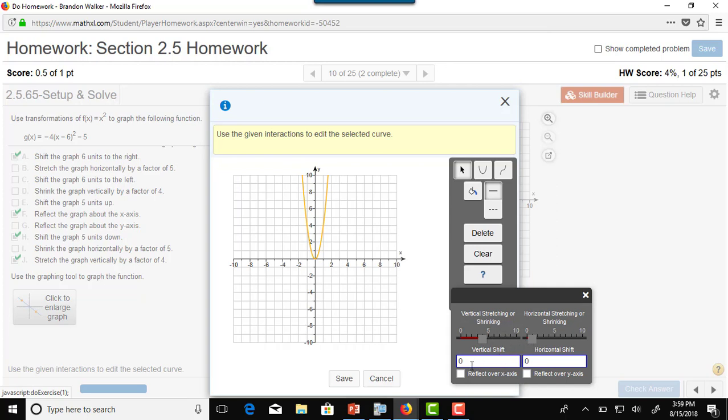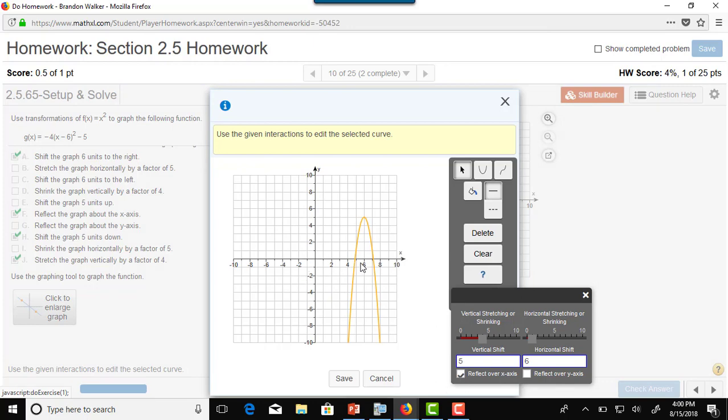And then down here it says, what's my vertical shift? So my vertical shift is -5. So I would type in -5 because that is my vertical shift. And then my horizontal shift would be +6, since it's 6 units to the right. And then down here is asking me which axis is it reflected over, if any. In this case, it's reflected over the x-axis.